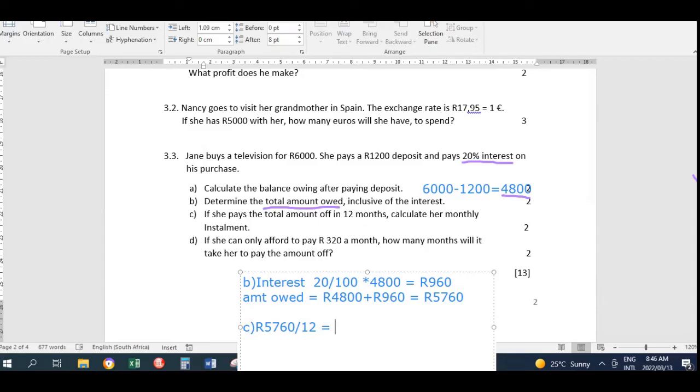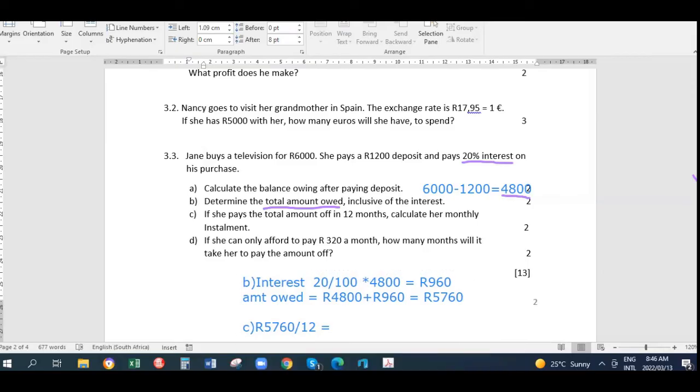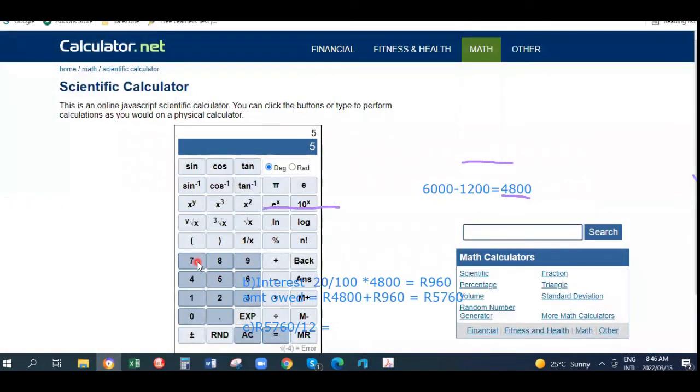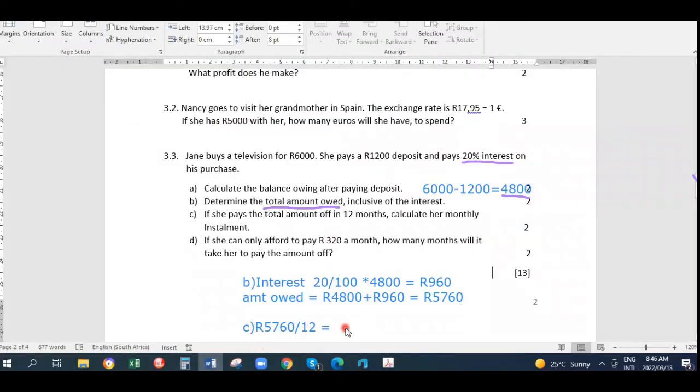We're going to use the calculator: 5,760 divided by 12, which is 480. So that's 480.